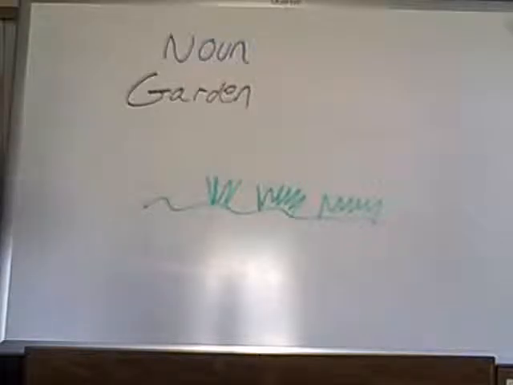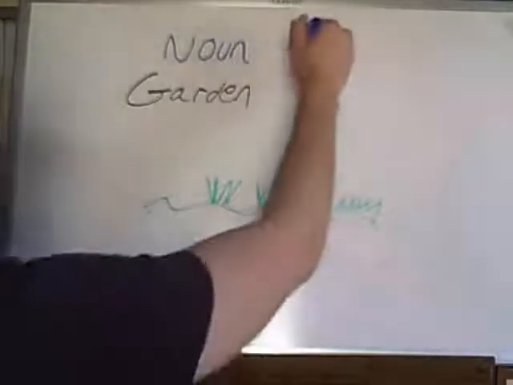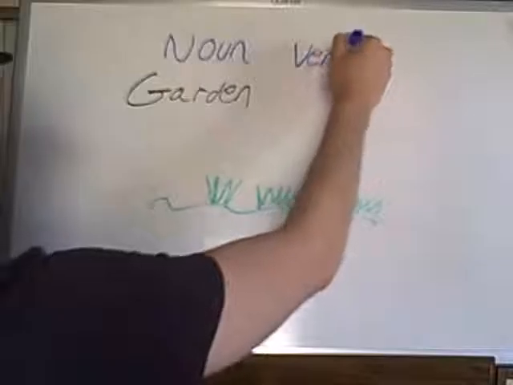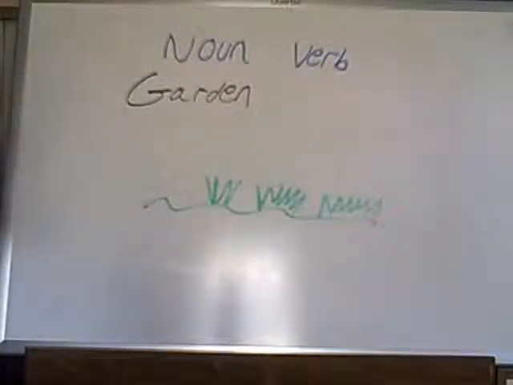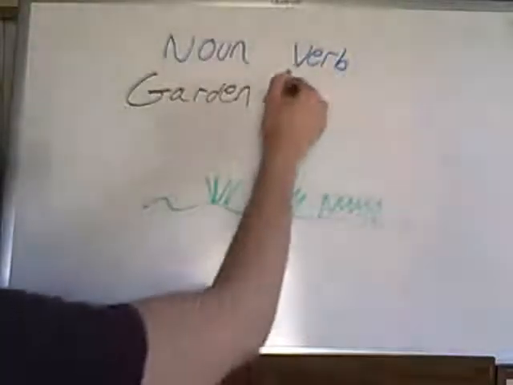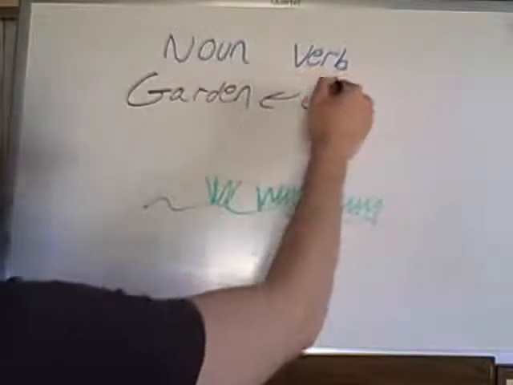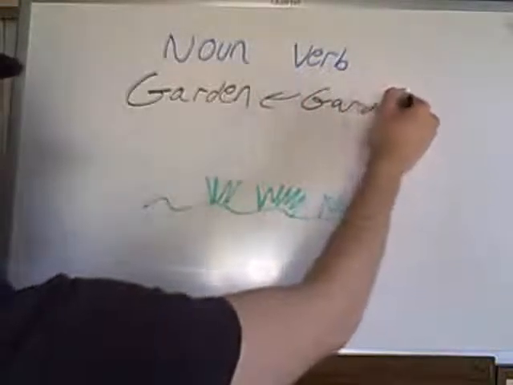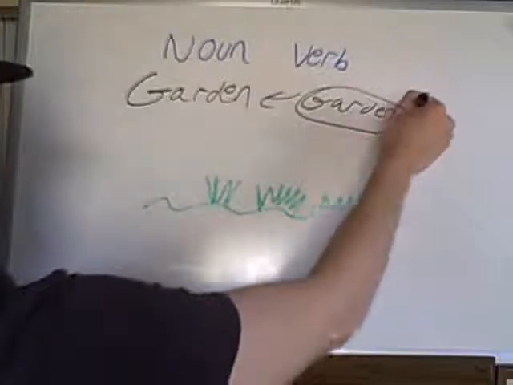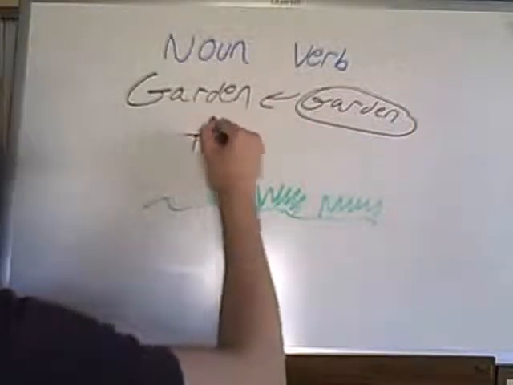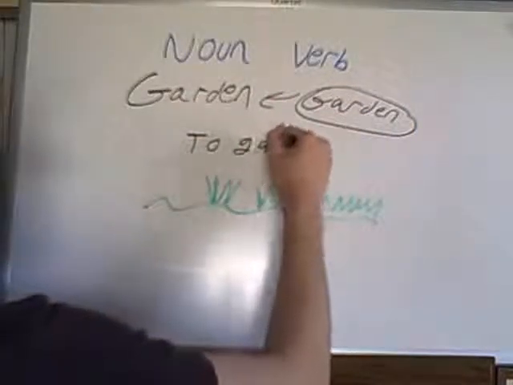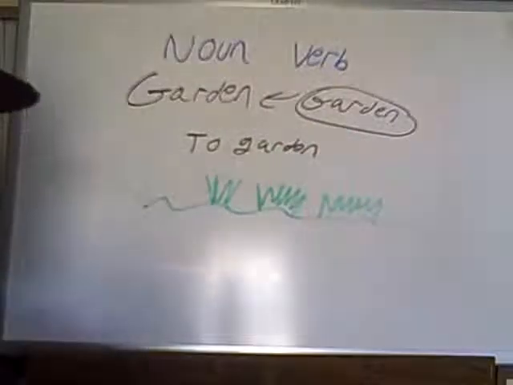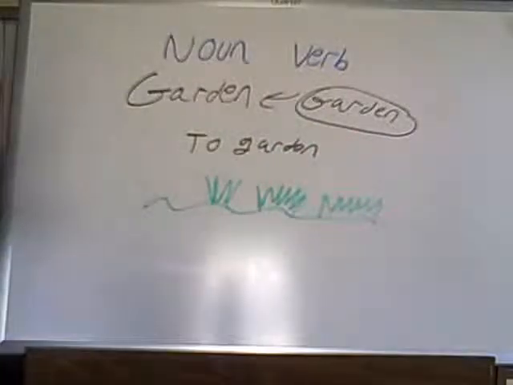Now, garden can also be a verb. And it stays exactly the same. Garden. To garden is to plant the garden.